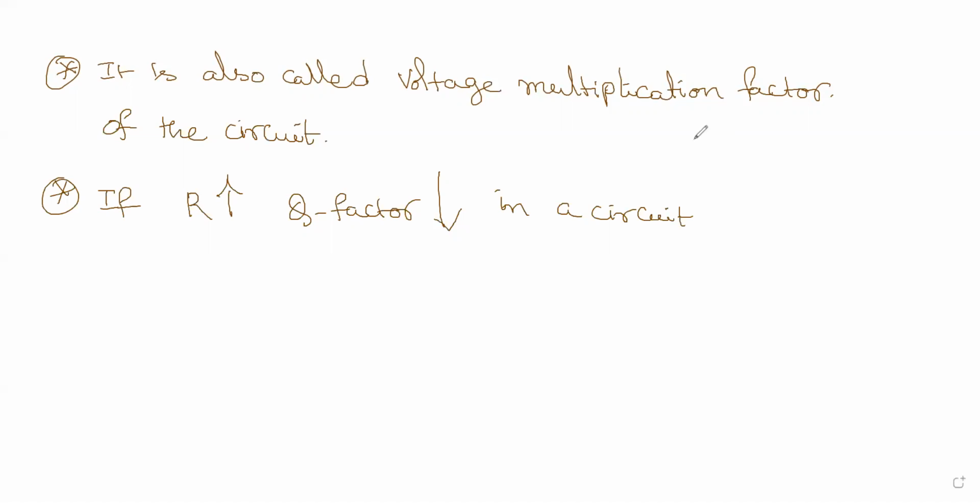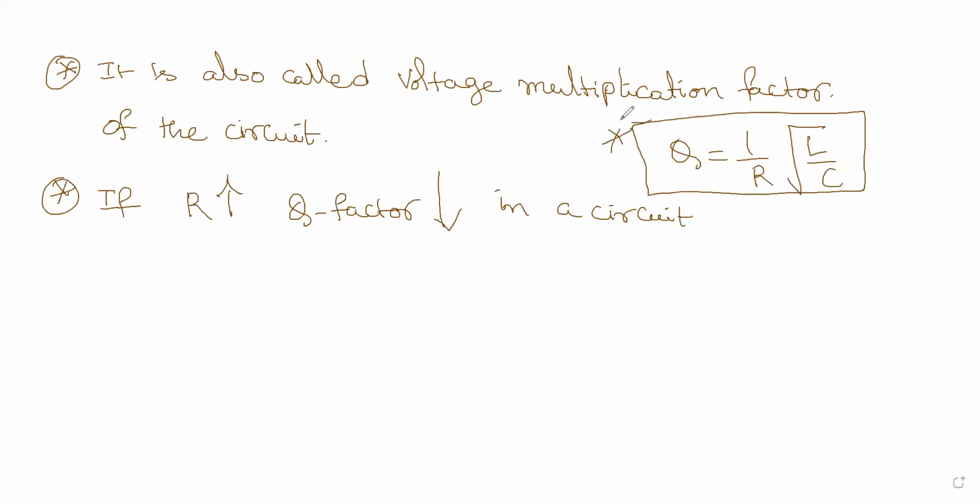We have the formula Q is equal to 1 by R into square root of L by C. From this formula, you can understand that Q is inversely proportional to R. R increases means the Q factor will decrease. Clear?